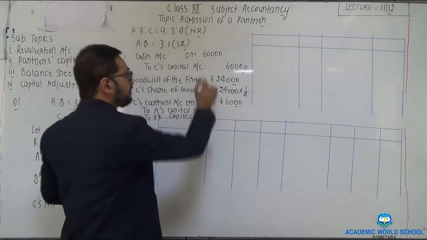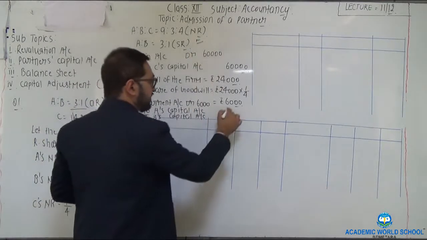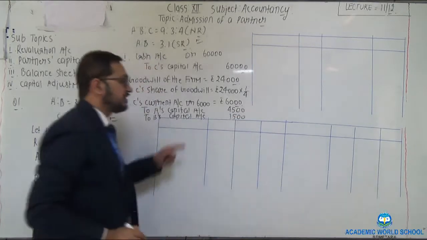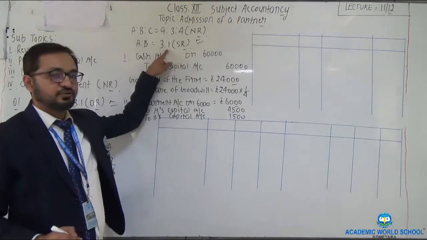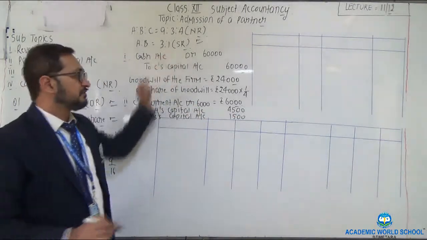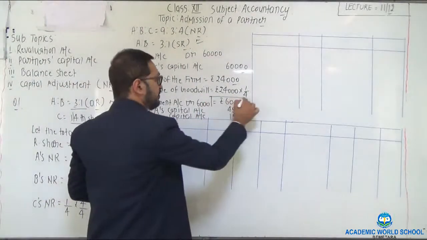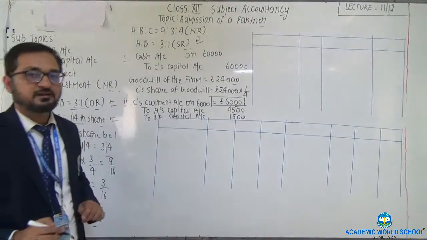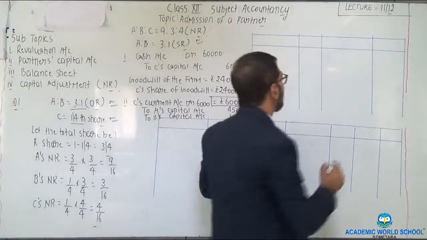The amount of 6,000 to be distributed in sacrificing ratio gives you 4,500 and 1,500. 6,000 multiplied by 3/4, 6,000 multiplied by 1/4. This is the amount of goodwill of C. Clear?